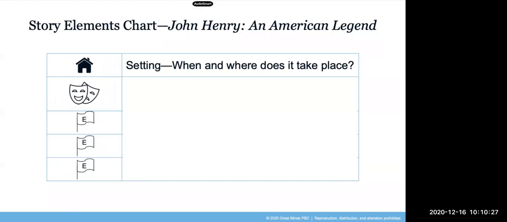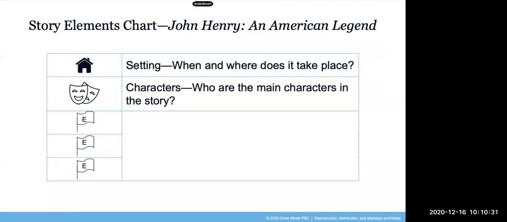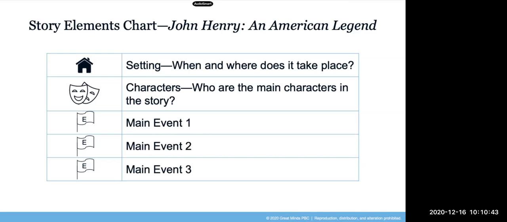The house represents setting, and the faces represent characters. The other icon that looks like a flag with the letter E inside stands for event. And today we'll be looking for at least three big events in John Henry, an American legend.